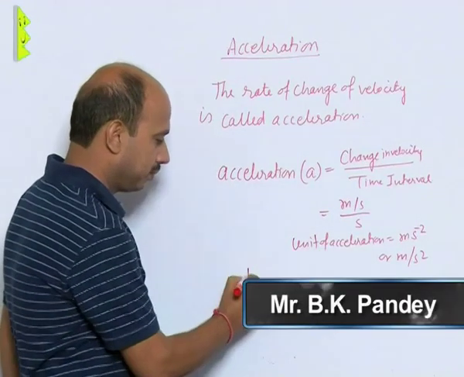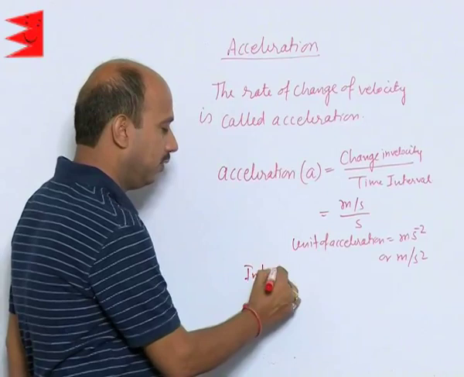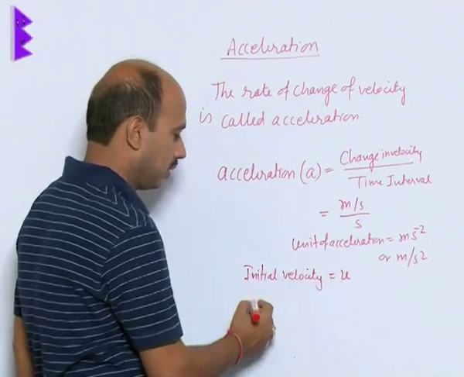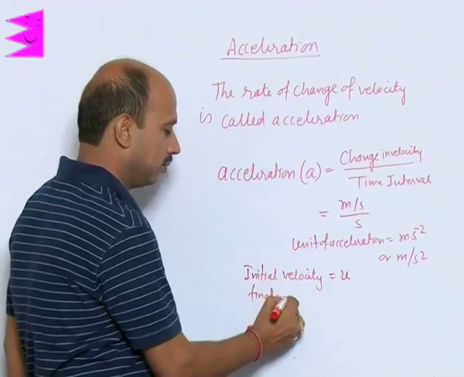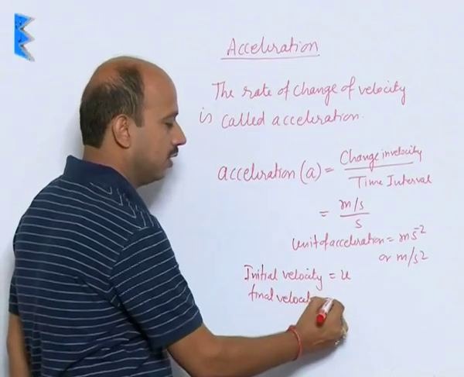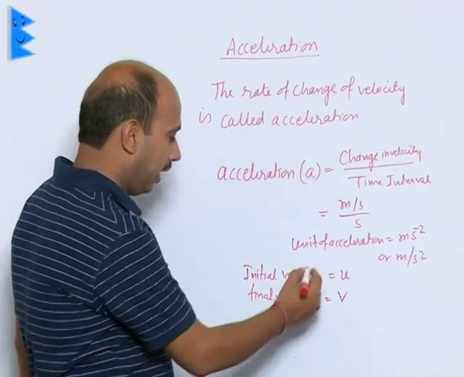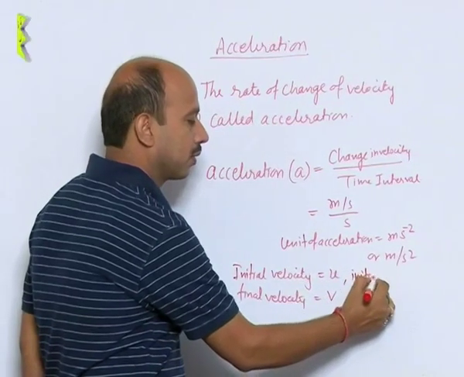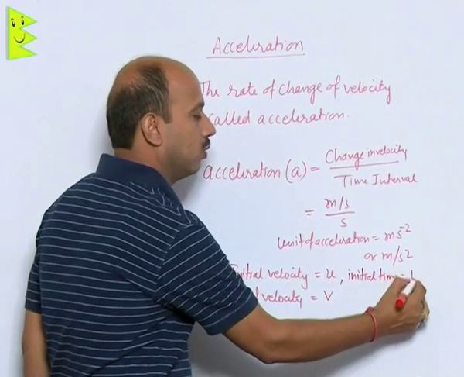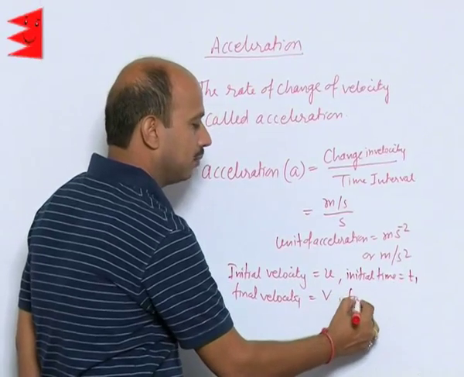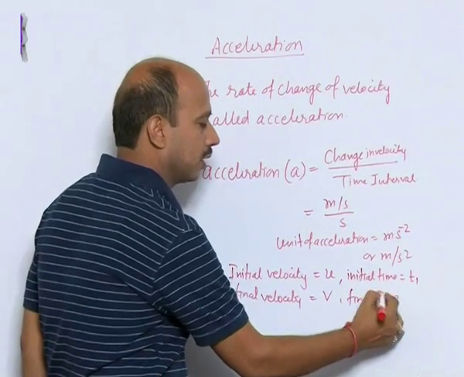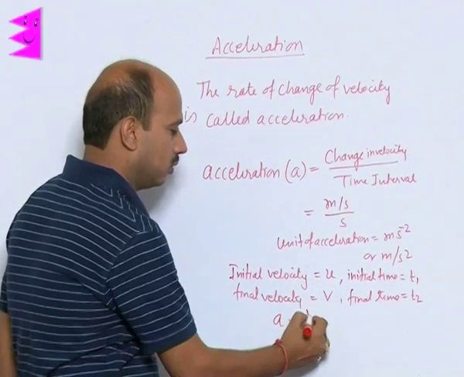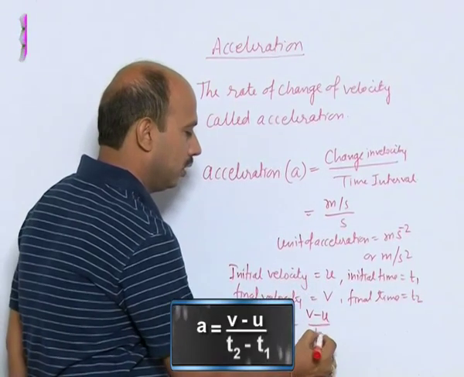Suppose you have taken initial velocity as u, final velocity is equal to v, and we can write here initial time is equal to t1 and final time is equal to t2. So, you can write acceleration a is equal to v minus u upon t2 minus t1.